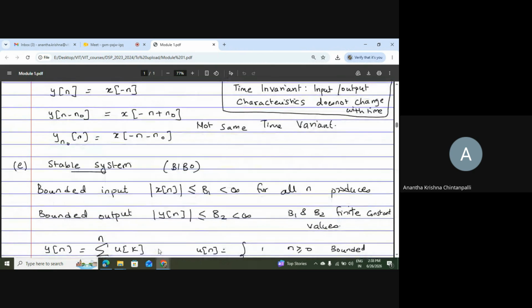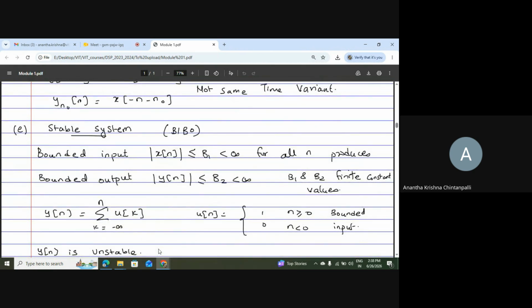Stable system. All right, my bad. There are two other properties as well. Stable system. There is a very important term called BIBO, which is bounded input, bounded output.